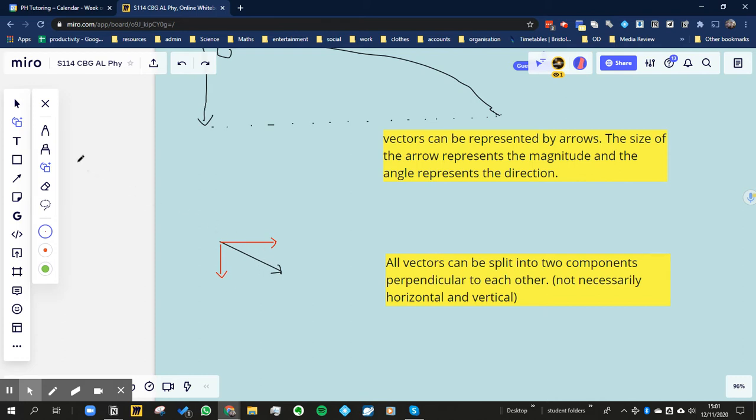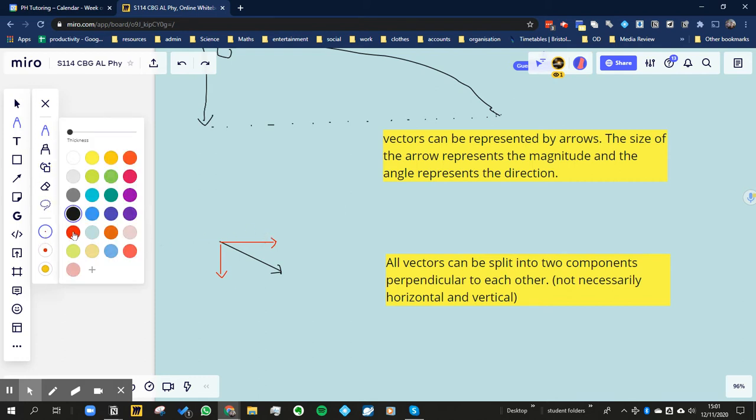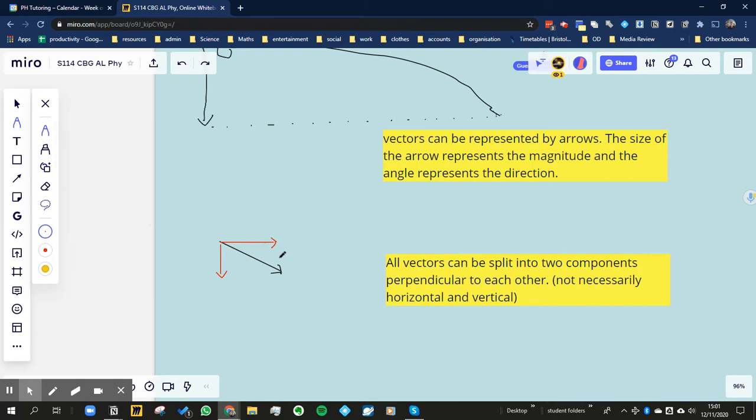So what we can say about this one here is, let's just say this is my velocity v. Let's color that in black. And then this, you could call Vx, as in the x component of my velocity, and this would be Vy.